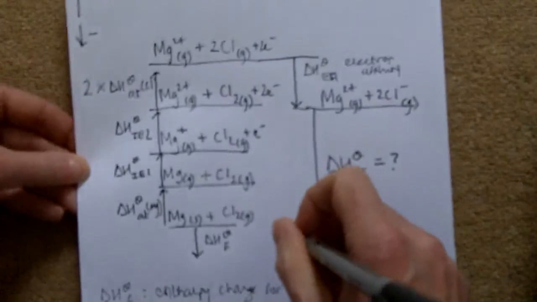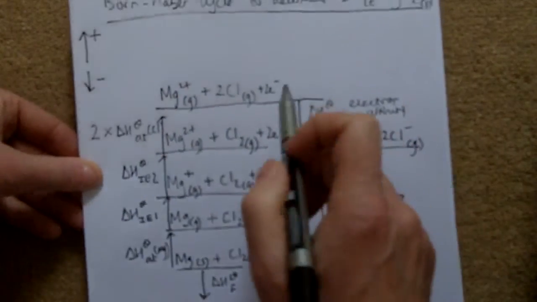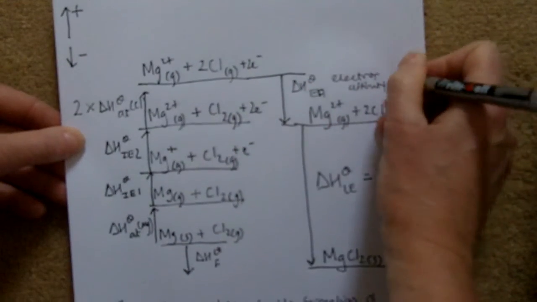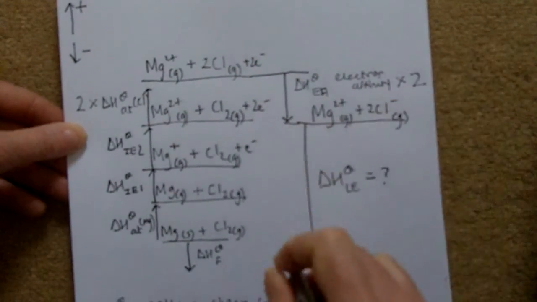But it has happened twice because there are 2 Cl's, so we need to times that value by 2.